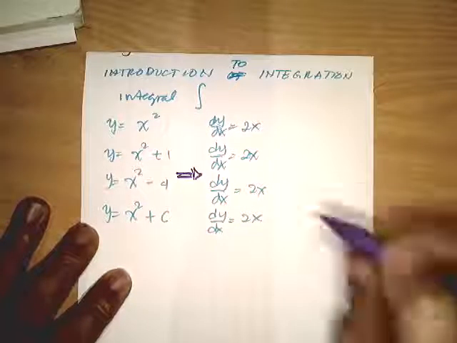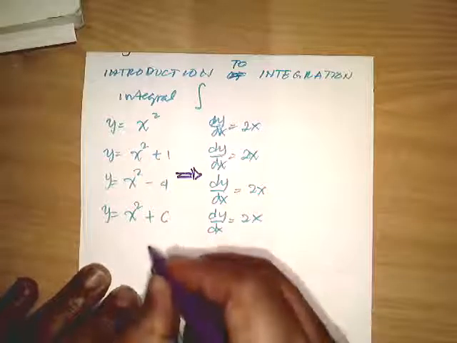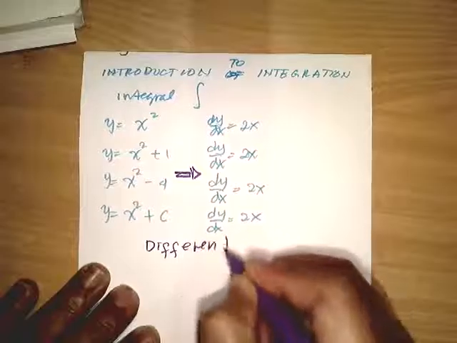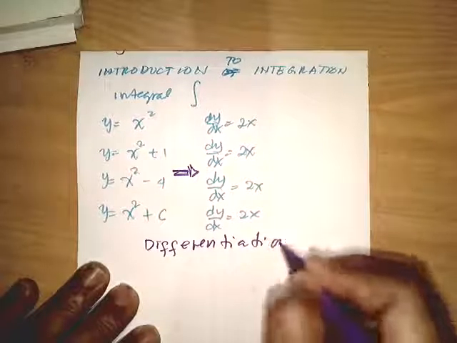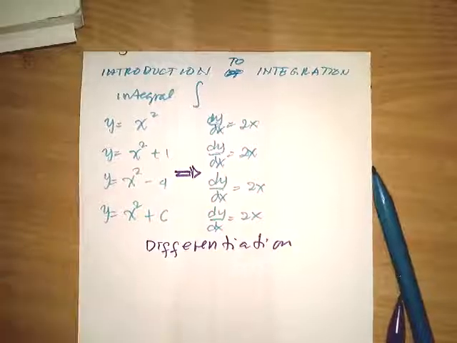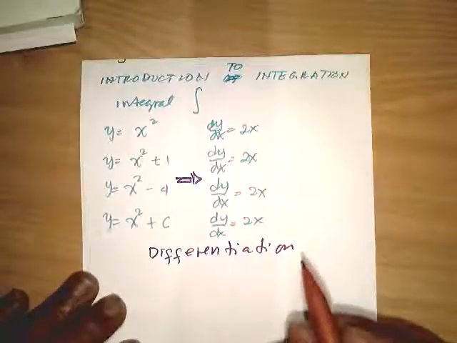So this process, as what we've learned, the process in finding the derivatives, is what we call differentiation. While integration is the total reverse of that operation.